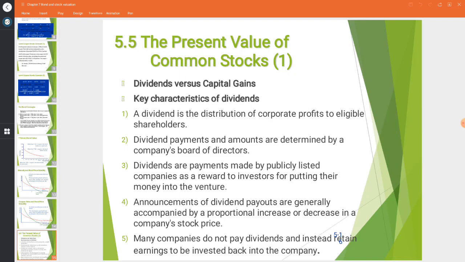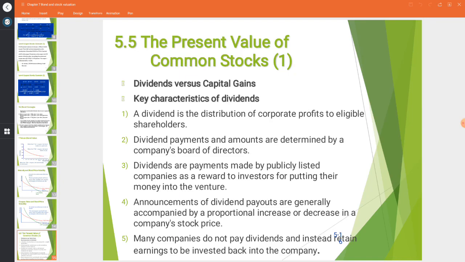Let us now move to the second part of this lecture, which is the valuation of common stocks. As you see, in the case of stocks, you could have two different types of cash flows. One of them is called dividends, and this will be based on a decision of the board of directors, and it's based on the dividend policy of this firm.